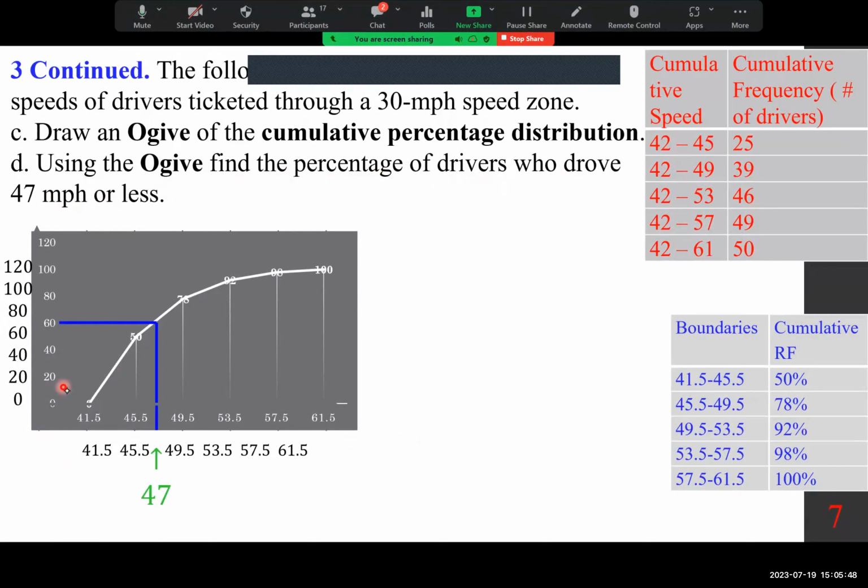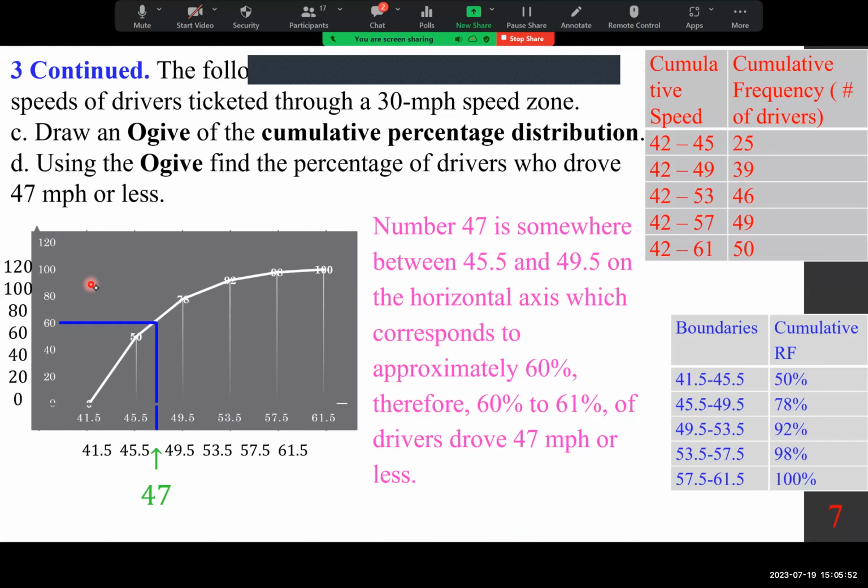And it seems to be at about 60%. Number 47 is somewhere between 45.5 and 49.5 on the horizontal axis, which corresponds to approximately 60%. Therefore, 60% to 61% of drivers drove 47 miles per hour or less, according to the ogive.